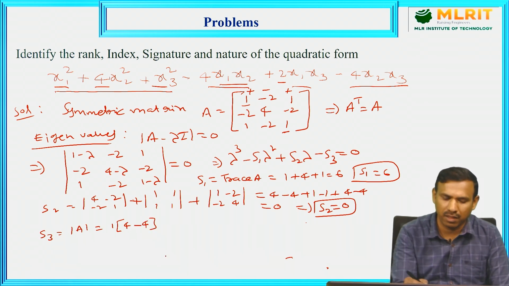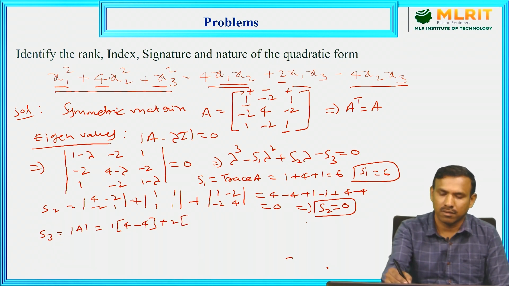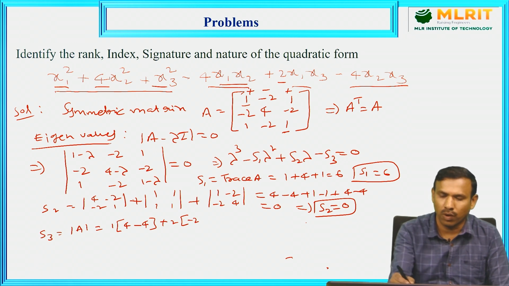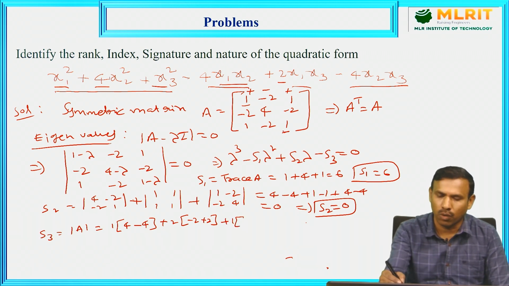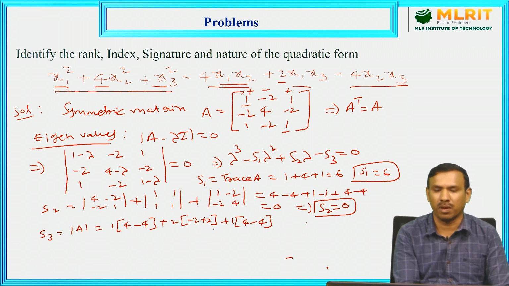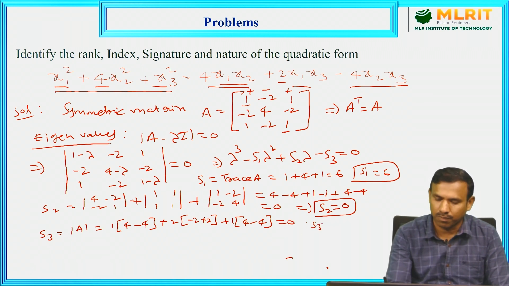Next, minus 2 into 1 into 1 minus minus 2 into 1, which gives minus 2 plus 2. Last, plus 1 into minus 2 into minus 2 minus 4 into 1, which gives 4 minus 4. All of it is 0, so S3 is also 0. Substitute in the equation.